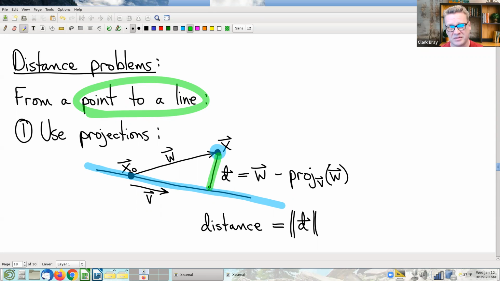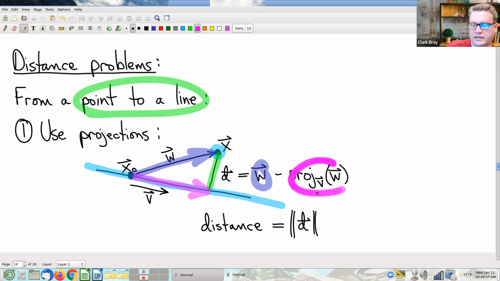The first one's kind of the most obvious one, and that is to say, all right, well, take some point x naught on the line, find that W vector, find its projection onto the line, and subtract, right?